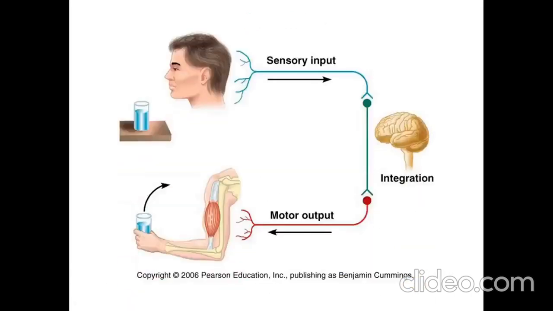See the diagram. This is the sensory input. This sensory input passes to the interneuron or the integration, and the brain or the spinal cord interprets this message and sends it back towards the motor output.